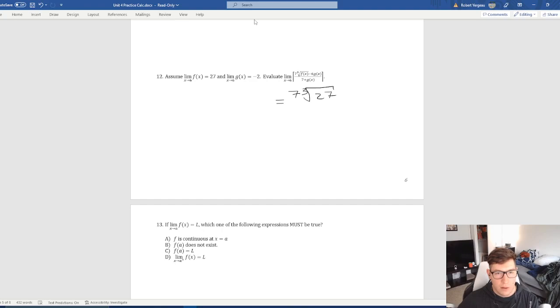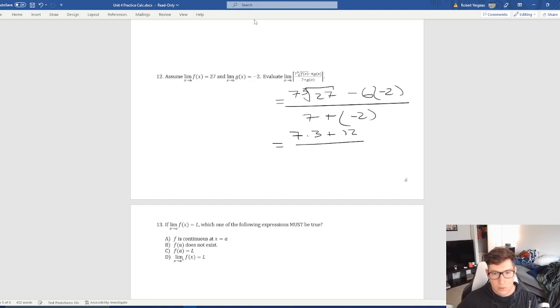Because that's that f of x value, minus 6 times negative 2, which is g of x, over 7 plus, again, negative 2, because that's g of x. And so what I'm going to have is 7 times the cubed root of 27 is 3, and then negative 6 times negative 2 is really plus 12. That's all over. Well, 7 plus a negative 2, it's really 7 minus 2, so 5.